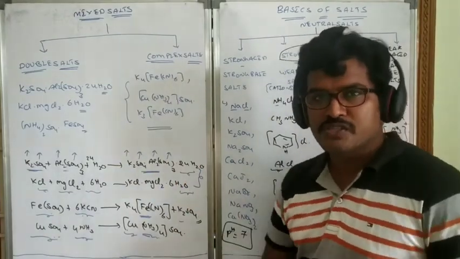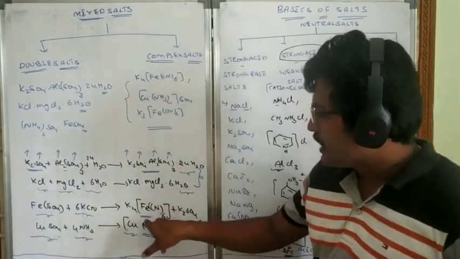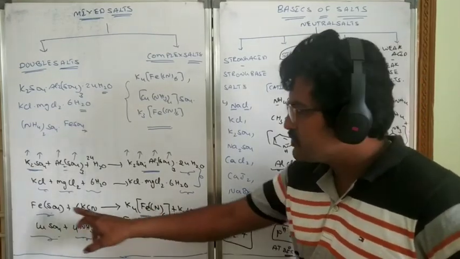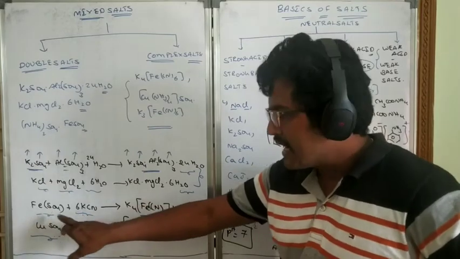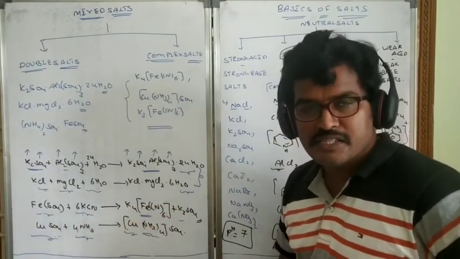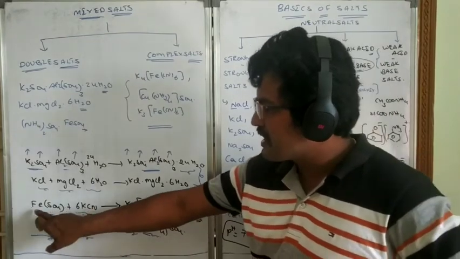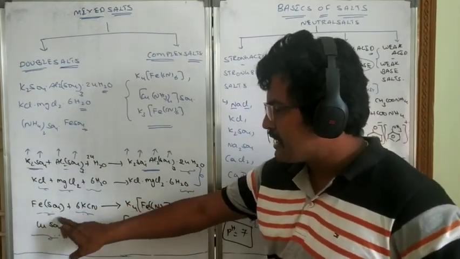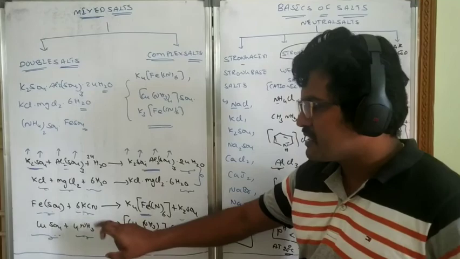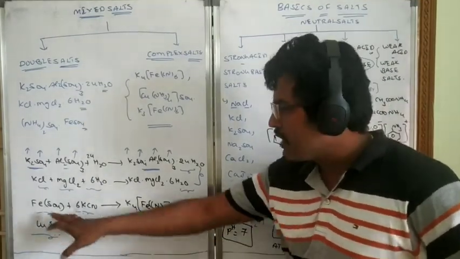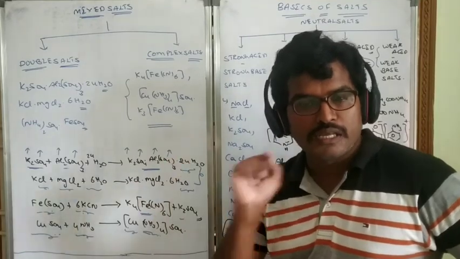What are the complex salts? Here you see potassium ferrocyanide is formed by combination of iron sulfate and 6 KCN. So iron sulfate and 6 KCN have iron ions, sulfate ions, potassium ions, and cyanide ions. When you dissolve this in water, you should have all these ions, right? But you will not get those ions.